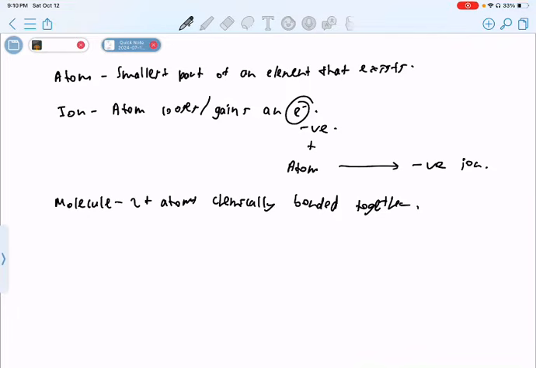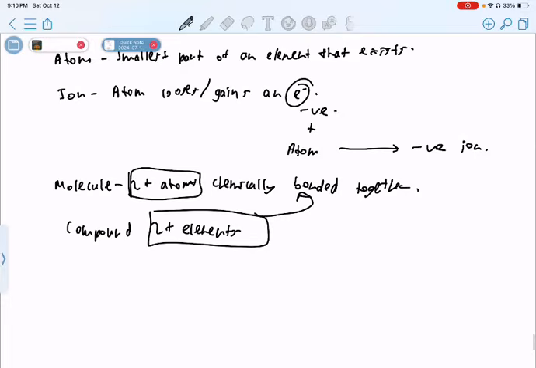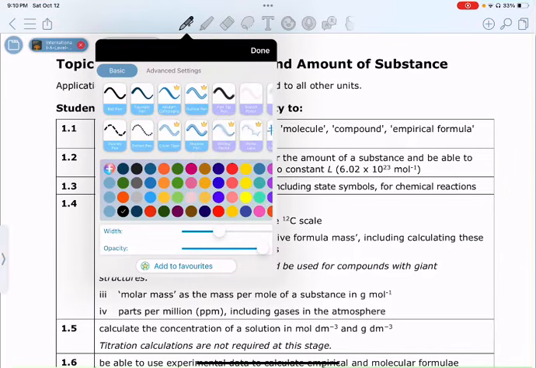So like a molecule combines two plus atoms, a compound combines two plus elements using the same chemical bonds, okay, chemically bonded. That's what the definitions are. So we can just take that. I'll get into empirical and molecular formula in a bit, but for now we can just take these ones here, okay?